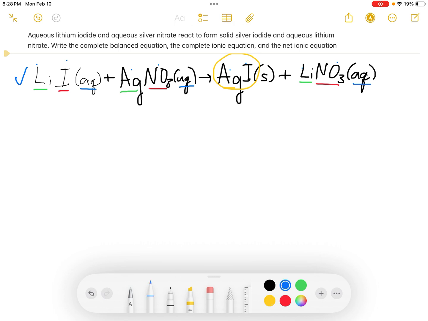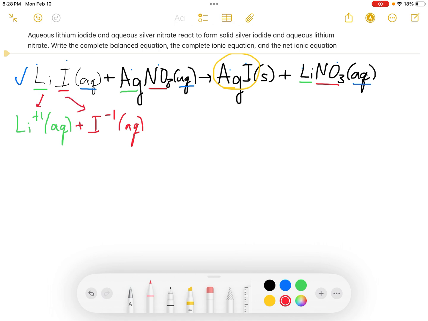So we have, look, I keep color coding this. Lithium, which is a +1 ion, it is aqueous. And we're also going to have iodide as a -1 ion, also aqueous. So just split these up.